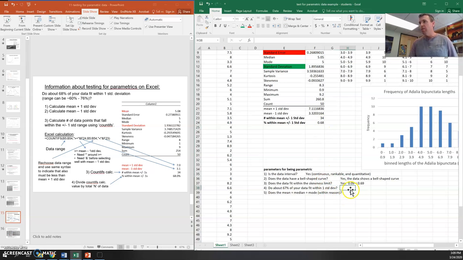So does approximately 67% of your data fit within 1 standard deviation? I'm going to actually add here, basically I'm going to give you the range that you want. So you're basically looking at 60 to 76%.